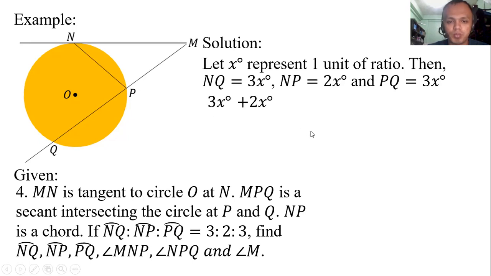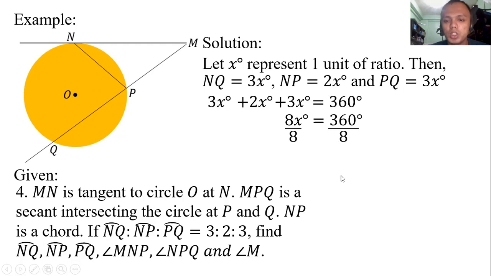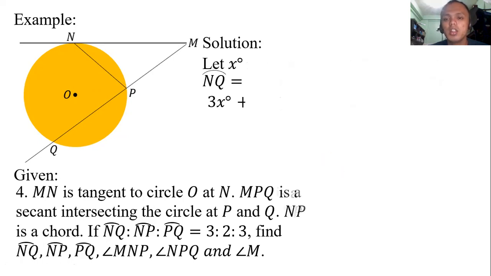Now, by adding these 3, we are applying here the arc addition postulate, kasi NQ, NP, and PQ are arcs of the circle O. Then yung buong circle O is 360 degrees. Add natin, we have 3x plus 2x plus 3x is equal to 8x. Then divide both sides by 8, we have x is equal to 360 divided by 8 is 45 degrees.